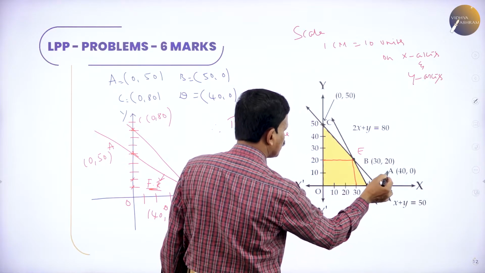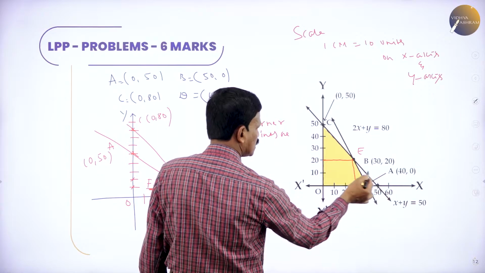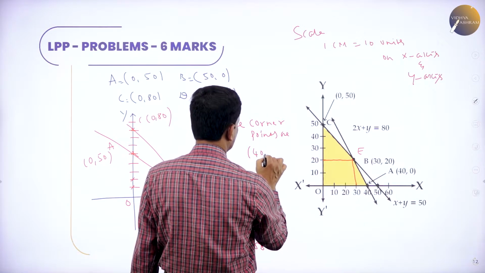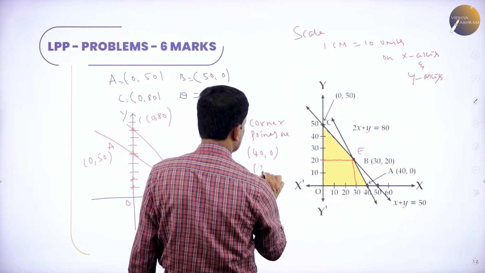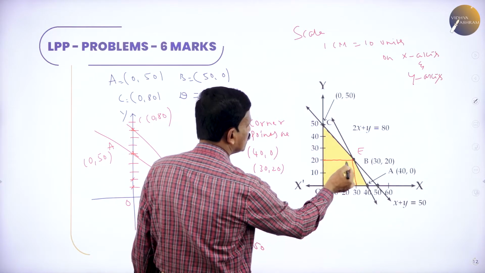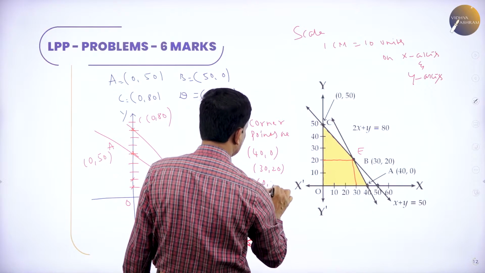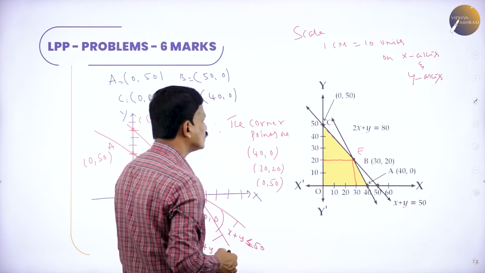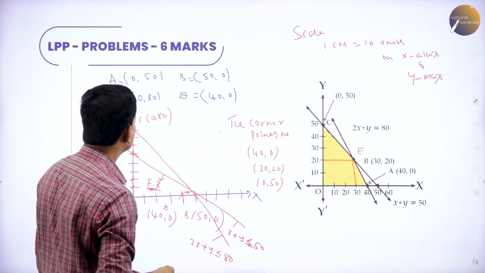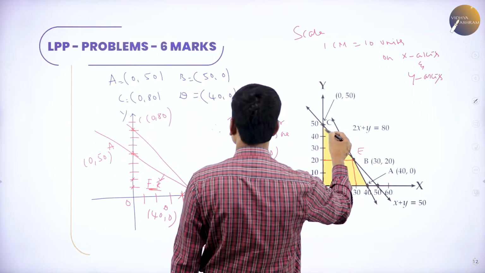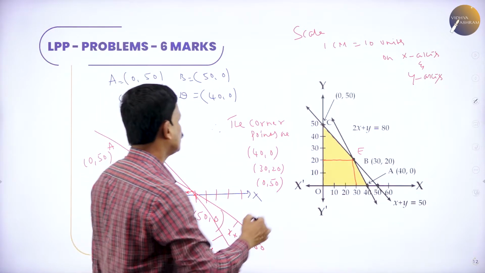These are the corner points. The first point is 40 comma 0. Another is 30 comma 20, and this point is 0 comma 50. So these are the corner points.